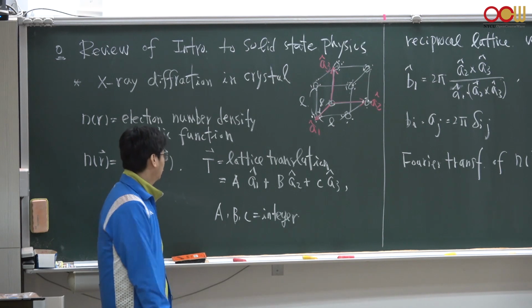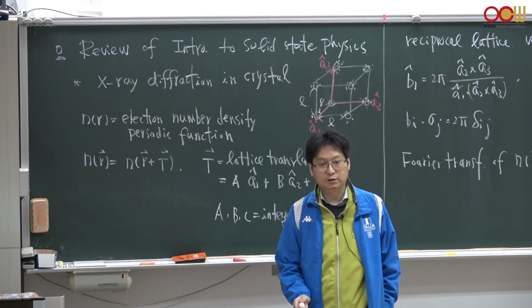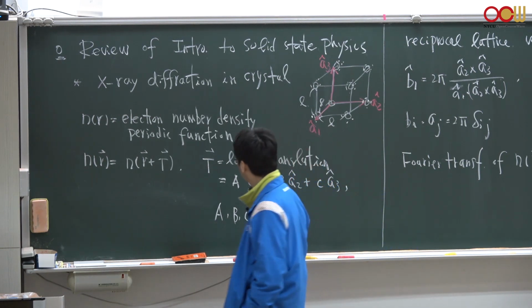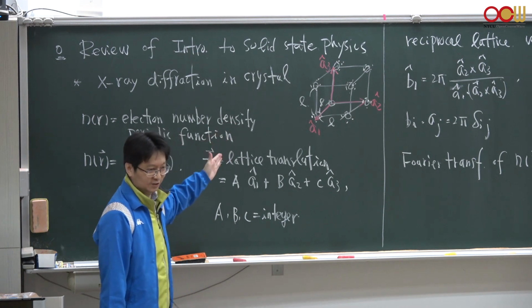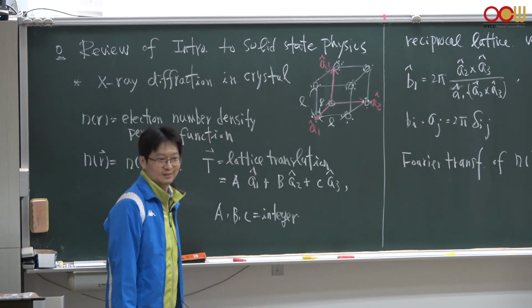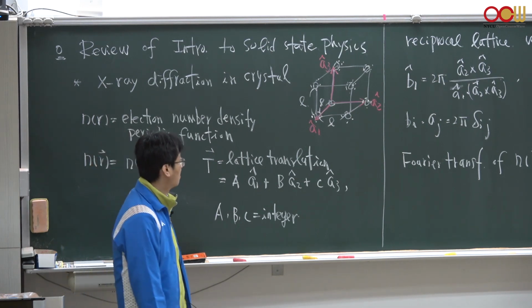Okay, so that's a very important point of solid state, which differs from other systems which don't have lattice structures. So we are dealing with a lattice. So remember, there's always a lattice there waiting for us to actually solve.